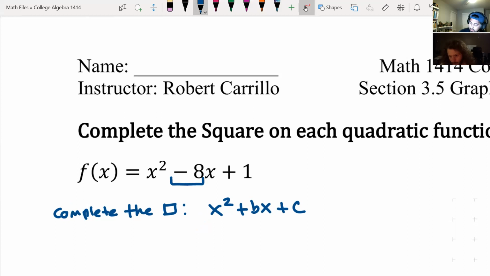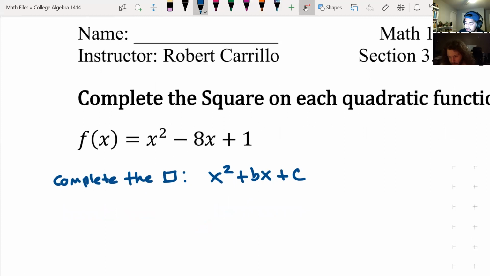Okay, so what we notice is that the function given is in that form. And when I say that form, I mean the leading coefficient of our function is 1. So now, when we complete the square, we take half of the middle term's coefficient.